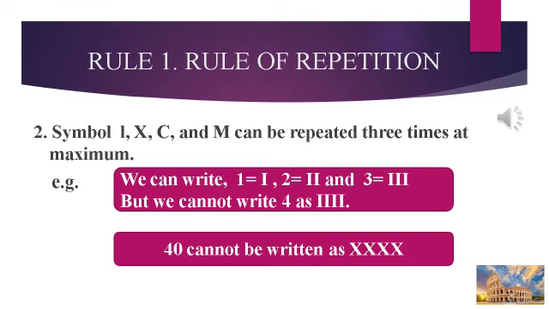But we cannot write 4 as IIII. Second example, we can write 10 is equal to X, 20 is equal to XX, and 30 is equal to XXX. But we cannot write 40 as XXXX.